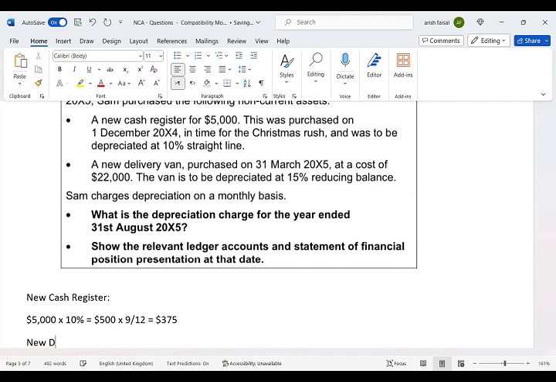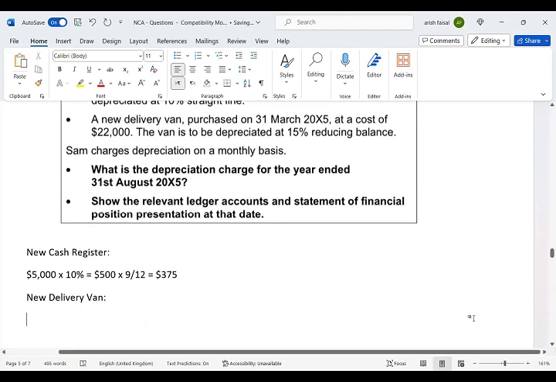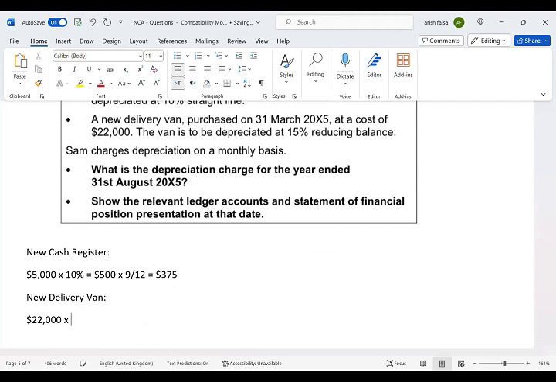For the new delivery van, it's 22,000 multiplied by 15 percent. But this will be only charged from the month of April to August. So April, May, June, July, August, that's 5 months. So 22,000 multiplied by 15 percent.